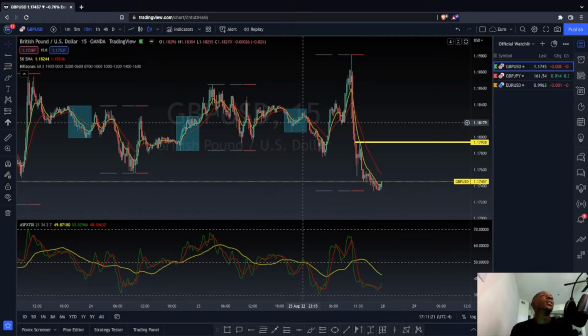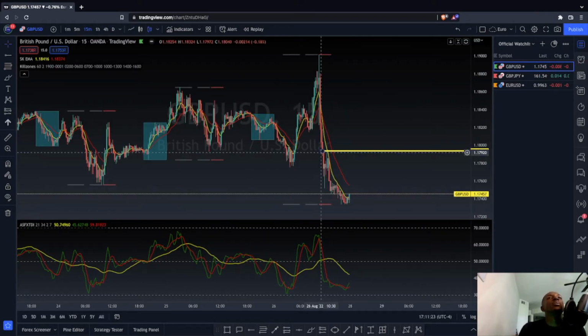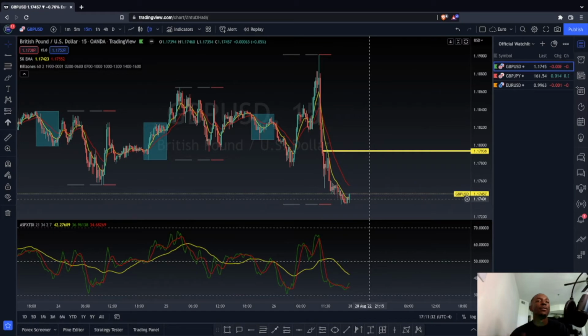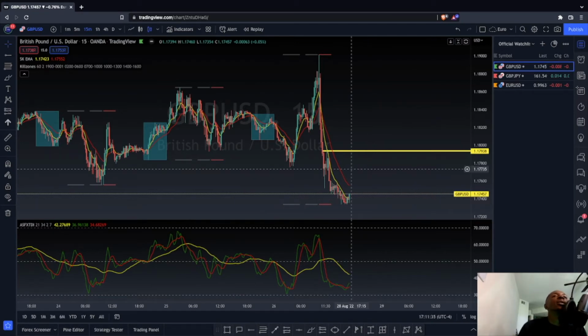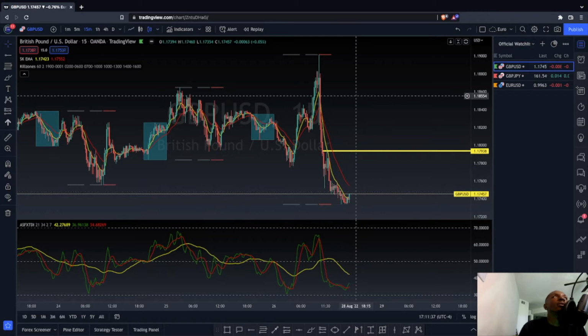That's interesting, because we could definitely come back above this swing high and push back into this area before going lower. We don't have to. What I'll be looking for is a candle formation off of the 21 EMA.